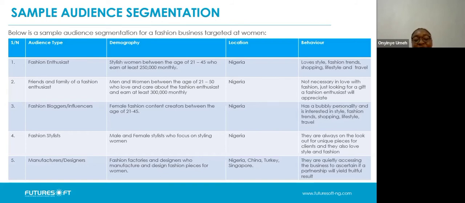If you look at the fashion stylist, when it comes to styling, it has to be women, and those women need to fall into the people that you target.